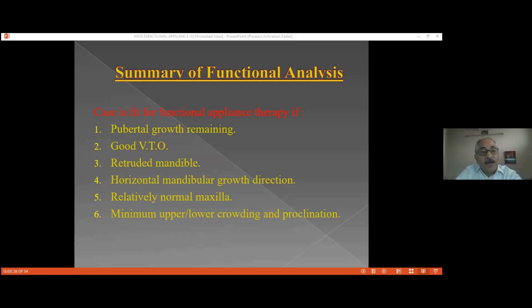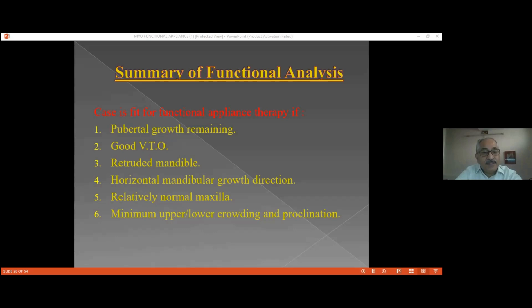It should have a good VTO, that is a good visual treatment objective. When we bring the lower jaw forward, the profile should be absolutely normal. This is only possible when we are targeting the organ that is at fault, that is the mandible. Hence, a retruded mandible is very important for the functional appliance therapy to be successful.